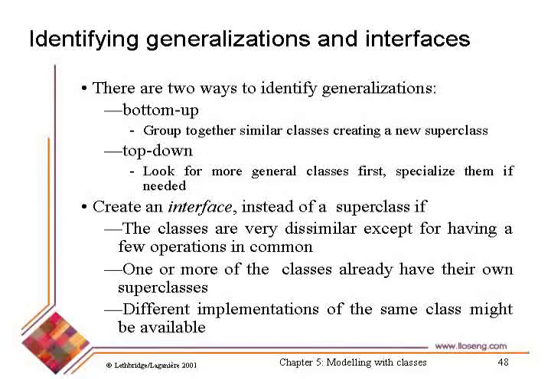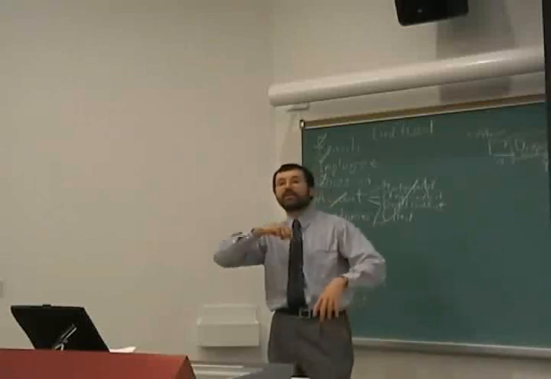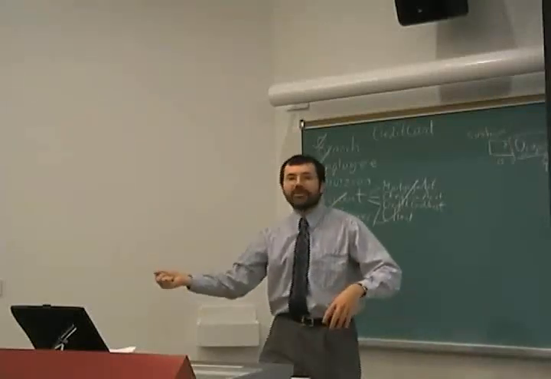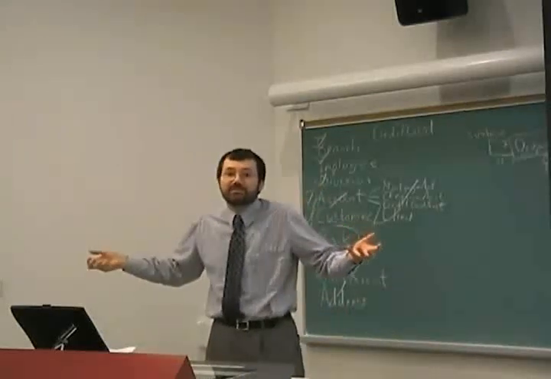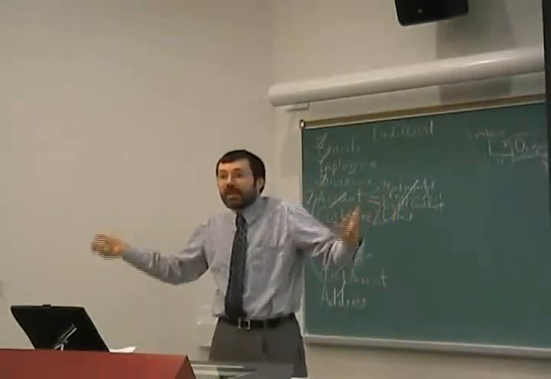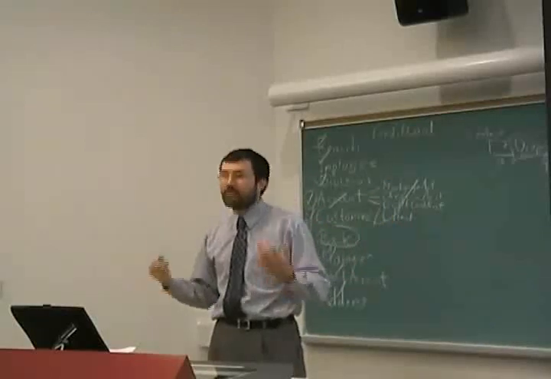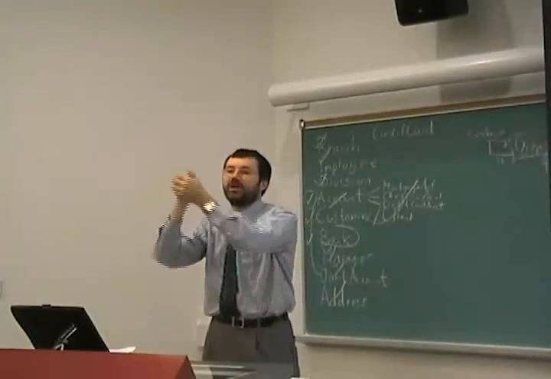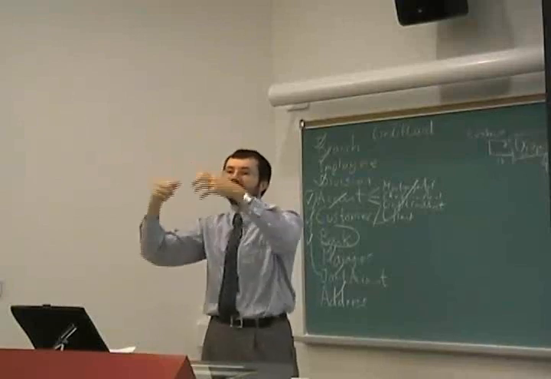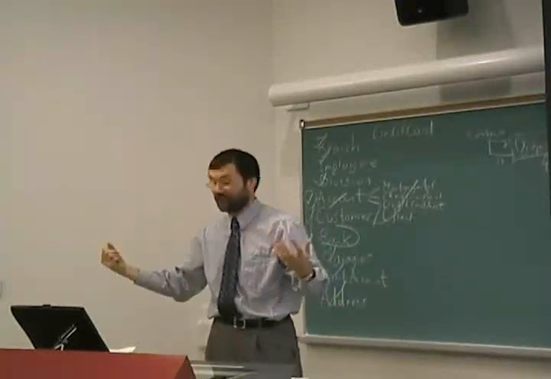There are two ways that, when you're modeling, you look for generalizations. One way is bottom-up. Bottom-up says you see two similar classes, like employee and client, and you say there's something similar about these. They have a name, an address, a phone number. Therefore we should create a common superclass to capture those commonalities, so they inherit to the subclasses and we don't have to duplicate.